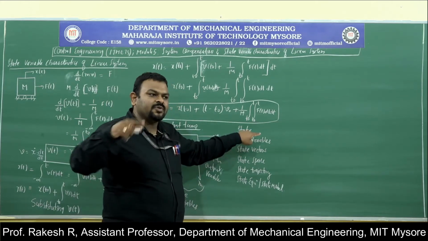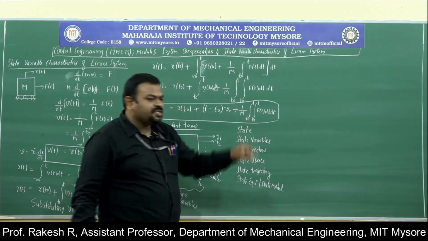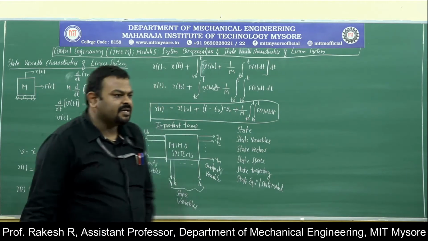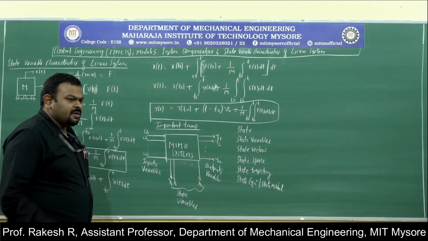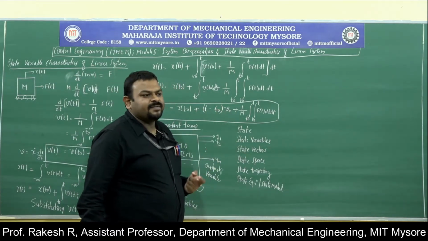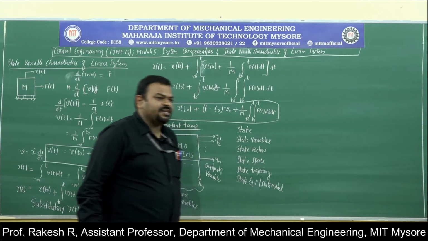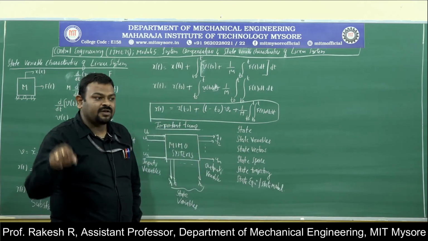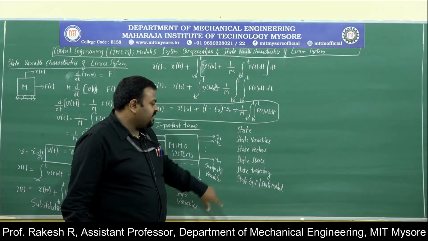If I write x1, x2, x3 up to xn, they are state variables. If I take the vector sum of all the state variables, then it is the state vector.